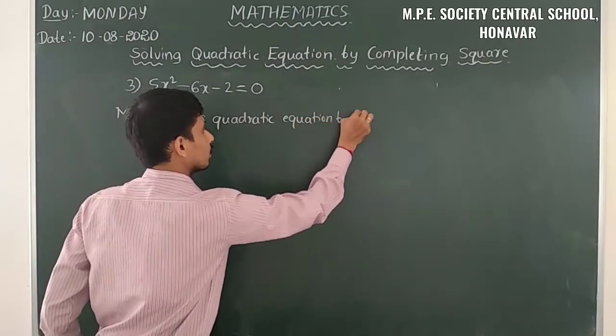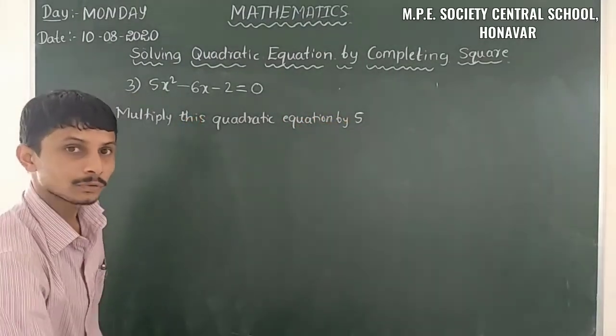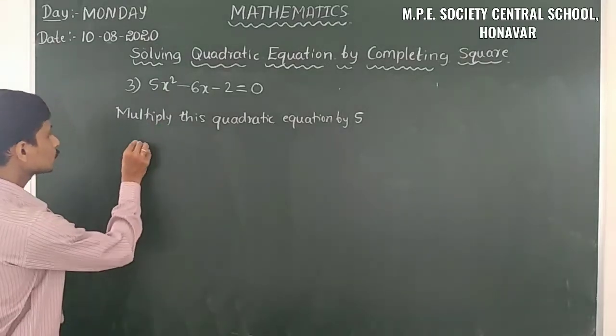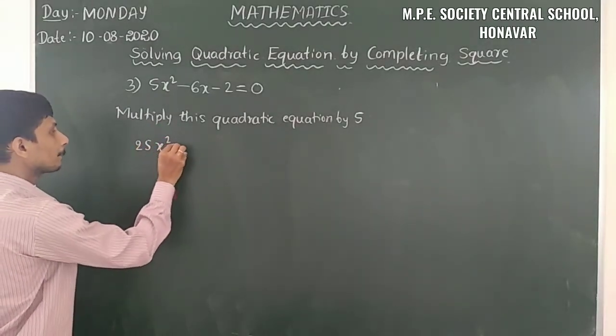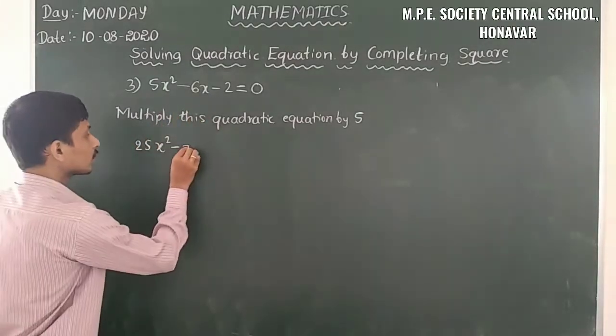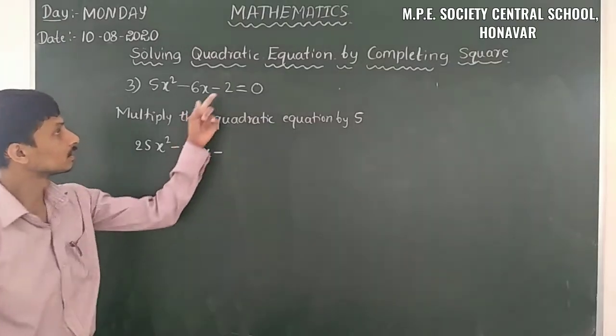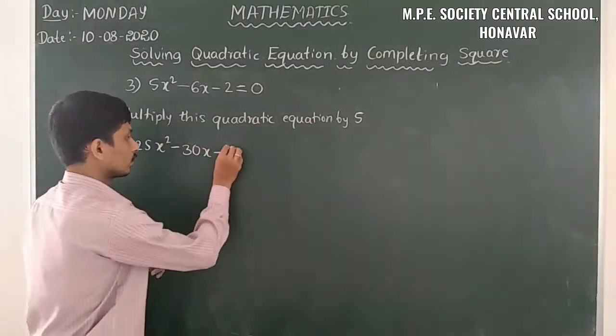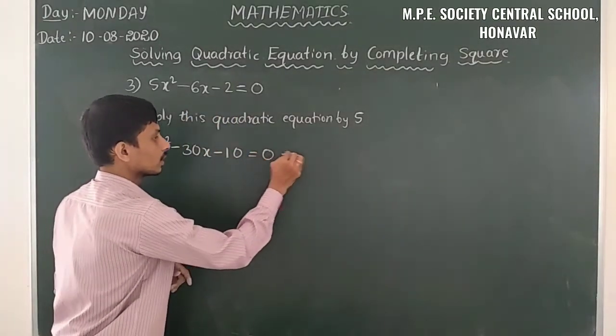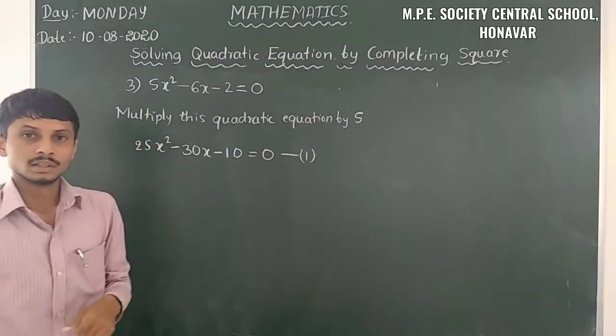What happens when we multiply with 5? It becomes 25x square minus 6 into 5, 30x, minus 5 into 2, 10 is equal to 0. It is our required equation.